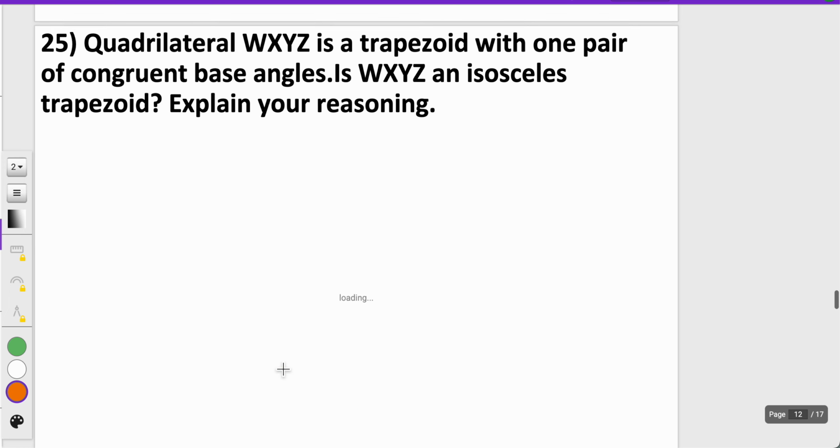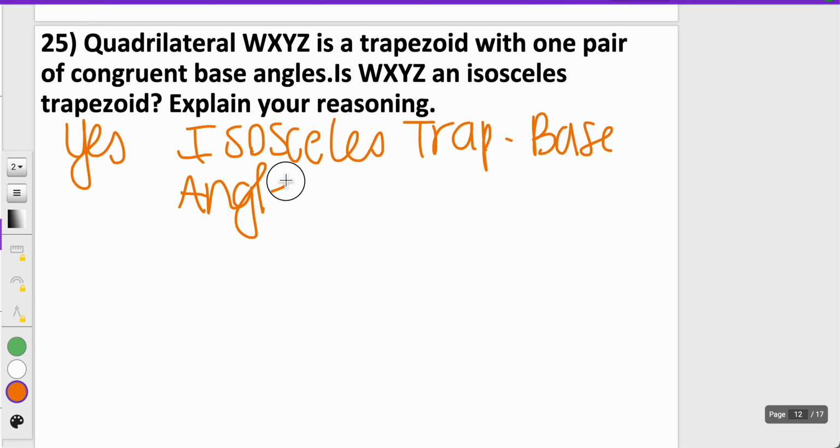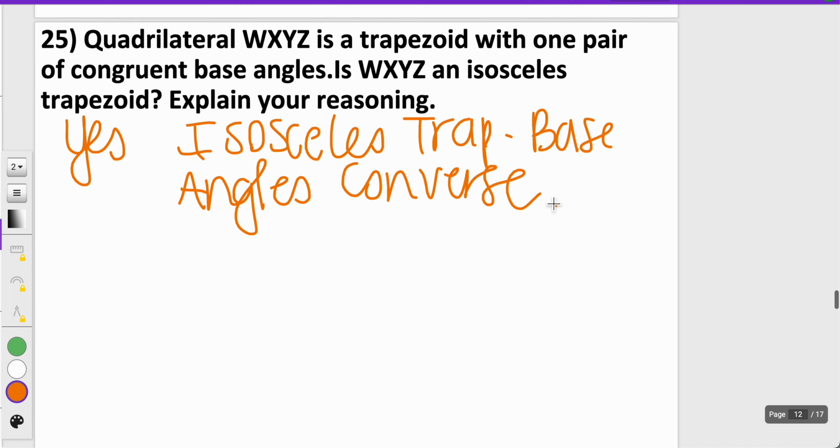For number 25, quadrilateral WXYZ is a trapezoid with one pair of congruent base angles. Is WXYZ an isosceles trapezoid? Explain your reasoning. Yes, we can use the isosceles trapezoid base angles converse to prove that. Okay.